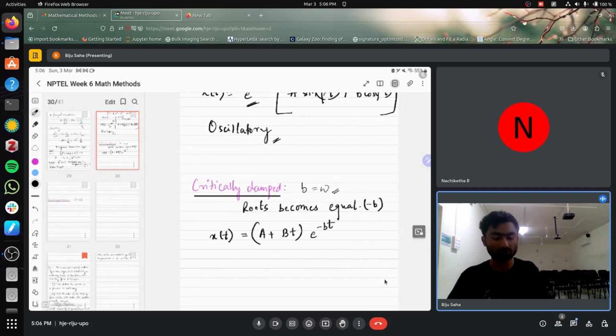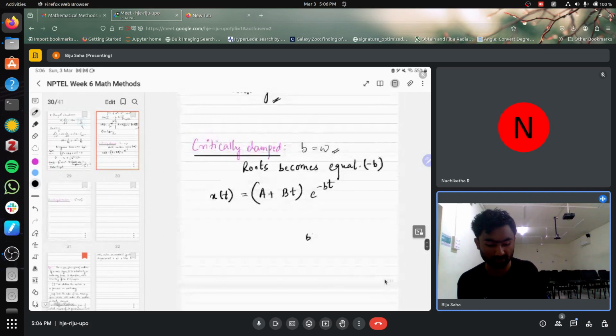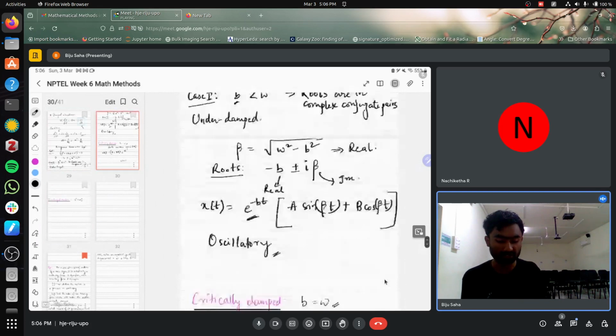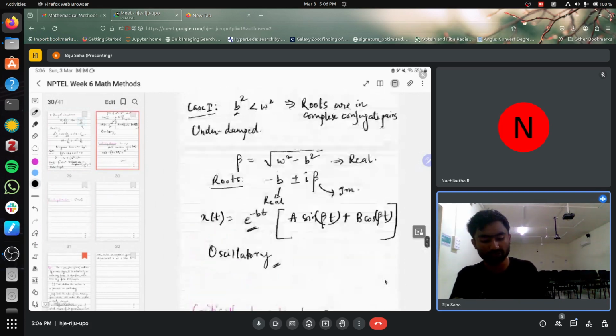Here the motion is just oscillatory. If you slightly move away from this, like if you just increase your b so that b becomes greater than omega, it will immediately move to the overdamped case, and if you slightly decrease b, it will immediately go to the category of underdamped motion where it becomes oscillatory.